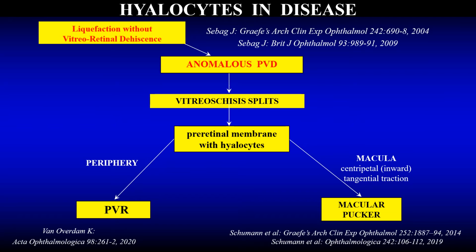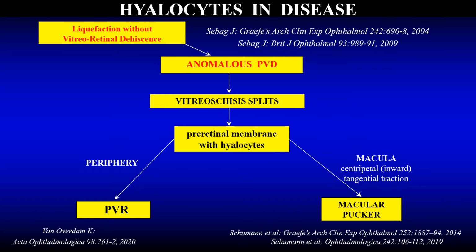And if this split occurs anterior to the level of hyalocytes, these cells are left attached to the retina, and in the posterior pole can induce centripetal tangential traction, causing a macular pucker.